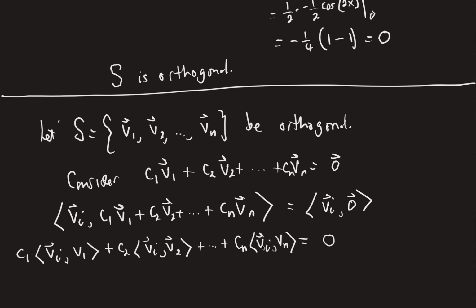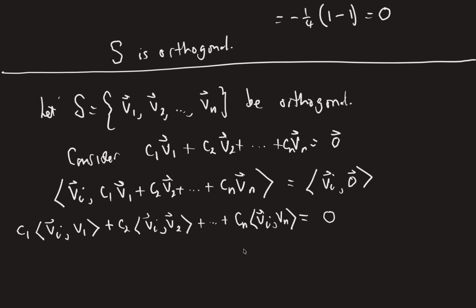All right, so what does this mean? Well, let's use the fact now that S is orthogonal. And remember what it means for the set to be orthogonal is that every inner product with a vector except itself is going to be 0. So for all of these, here's what I would say. Your ci, and then the inner product, this needs to be an angled bracket.